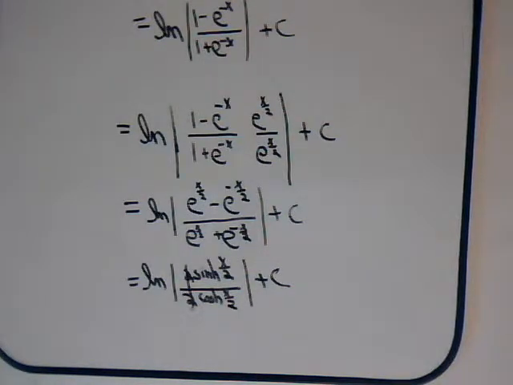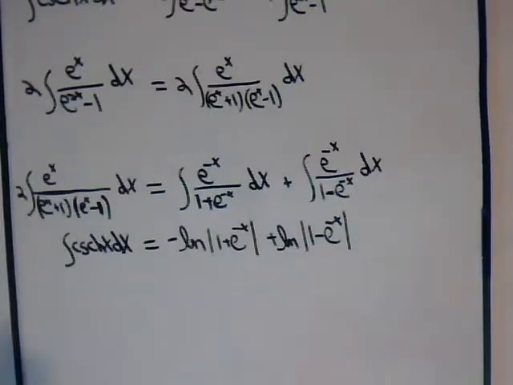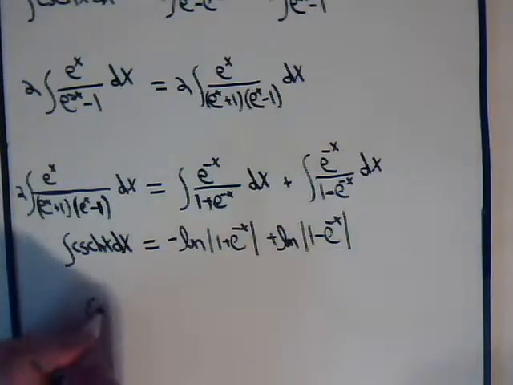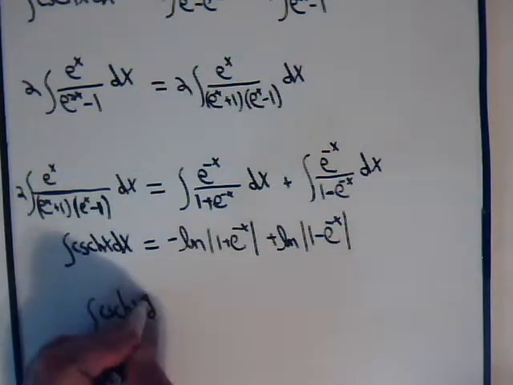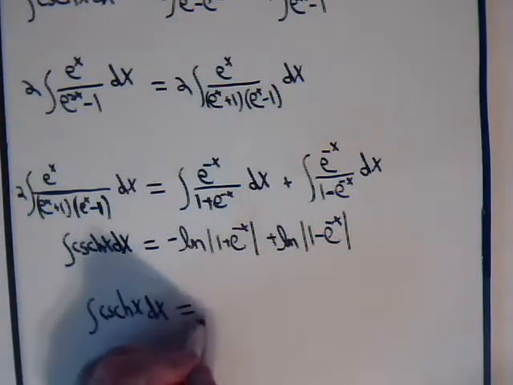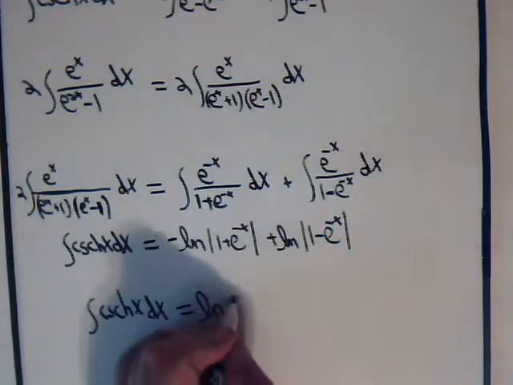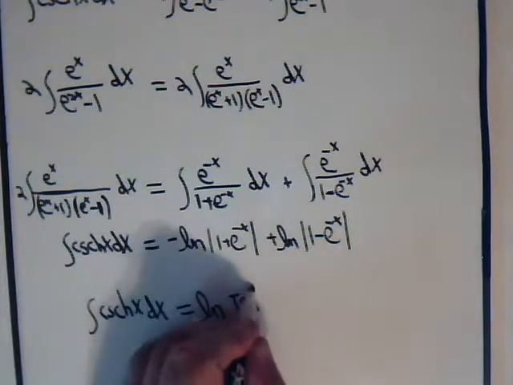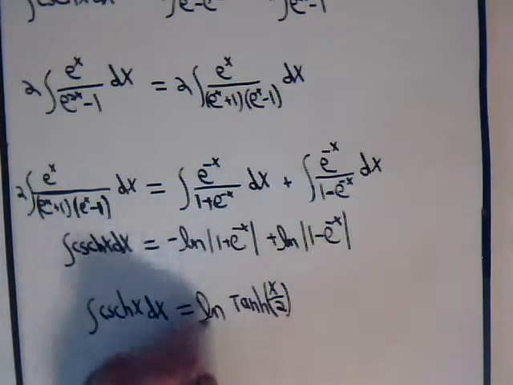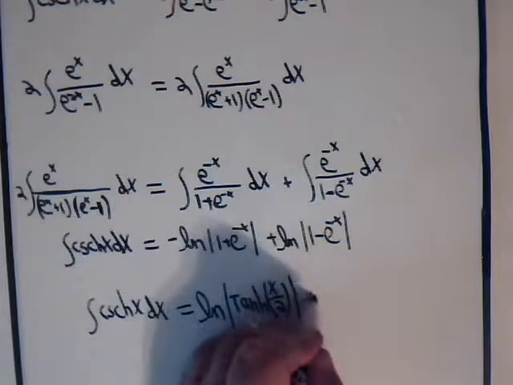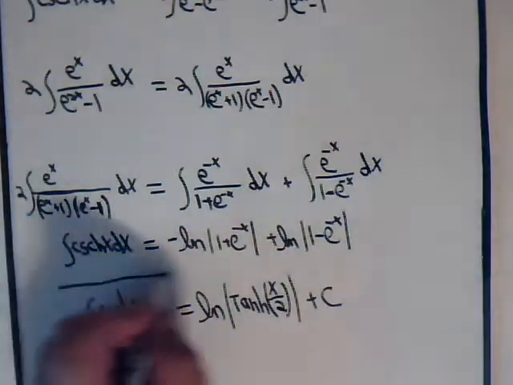So it looks like then for our integral here, the integral of the hyperbolic cosecant of x dx will equal the natural log of the hyperbolic tangent of x over 2 plus an arbitrary constant.